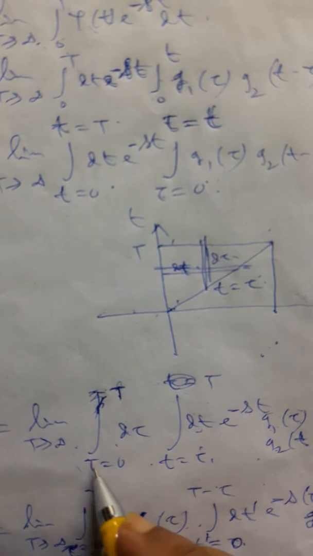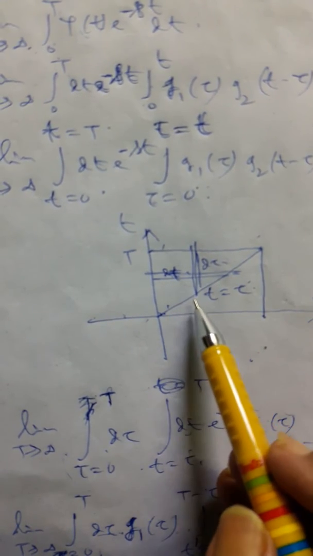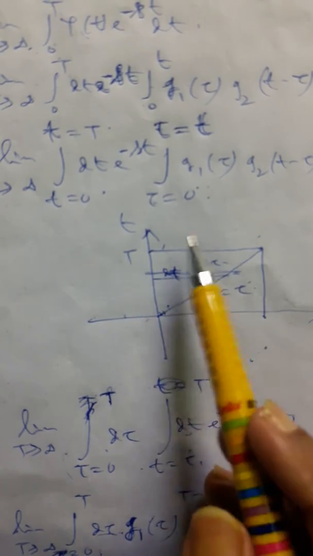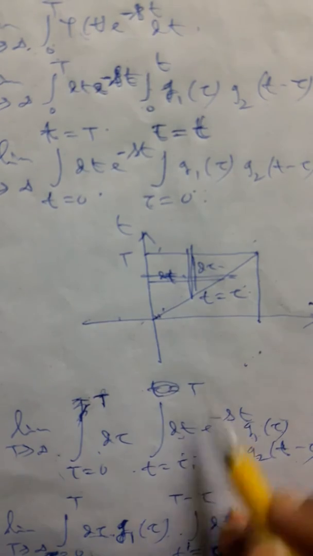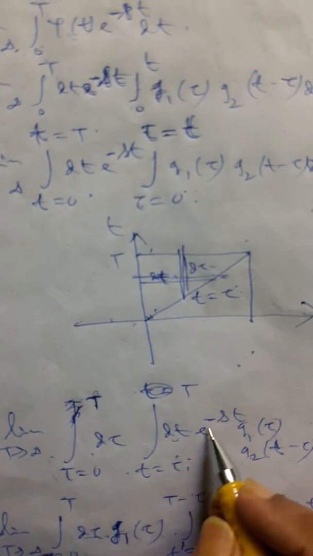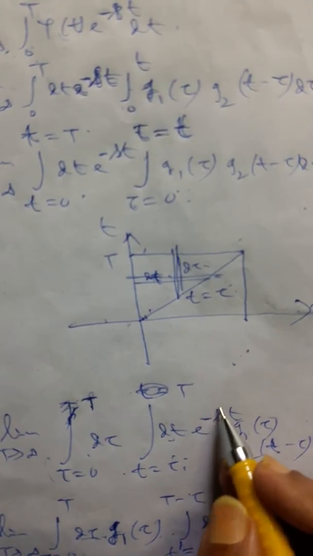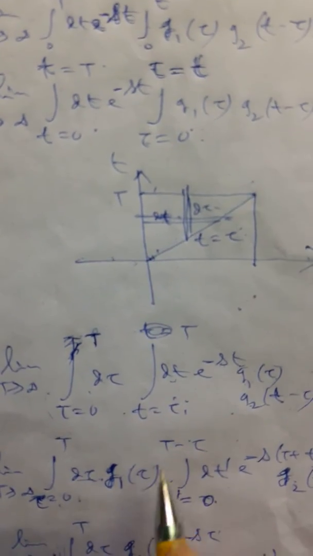Taking the limit as t tends to infinity, the integral over tau from 0 to T d tau, and for t from tau to capital T, dt integration of e^(-st) g1(tau) g2(t - tau).